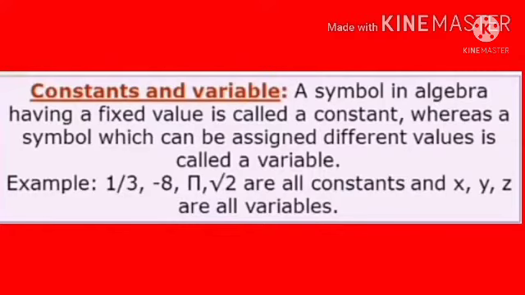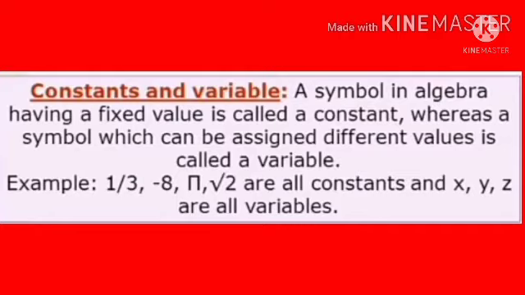A variable takes different values which is represented by x, y, z, etc. And constants has numerical values such as 31, -7, 2, etc. In other words, we can say that a symbol in algebra having a fixed value is called a constant, whereas a symbol which can be assigned different values is called a variable.